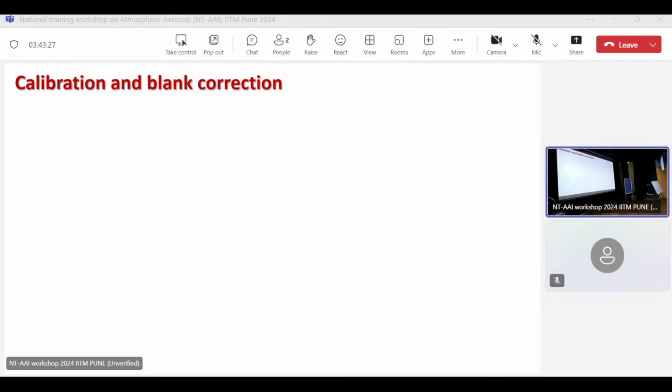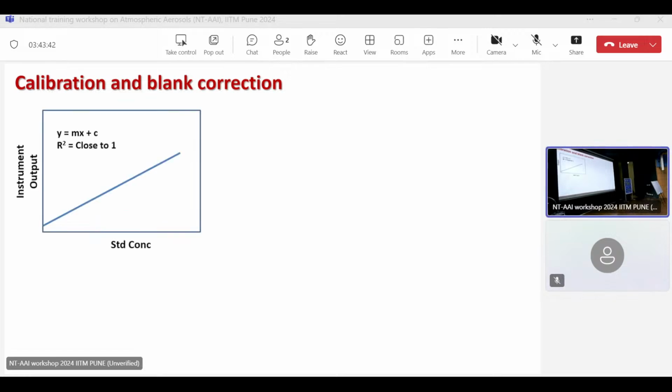Somebody else may be doing calibration some other way. We put different standards, get some output, make a calibration curve, and use that calibration curve for the sample. Right? This is what we do.